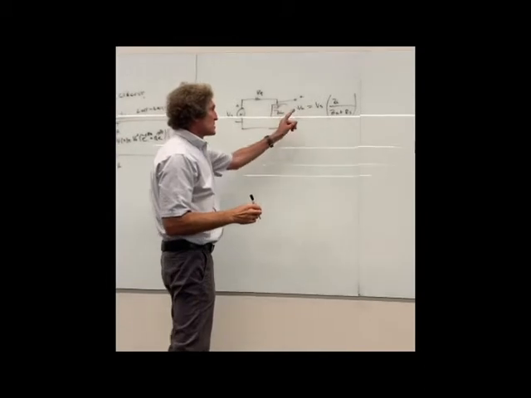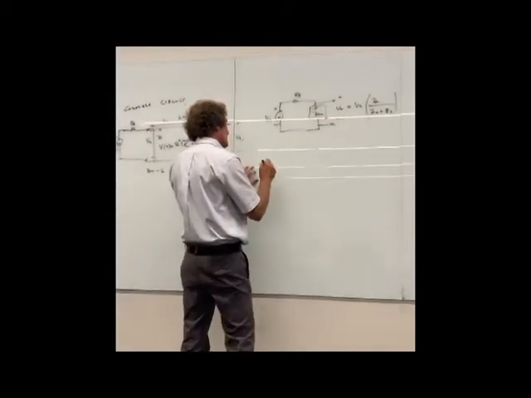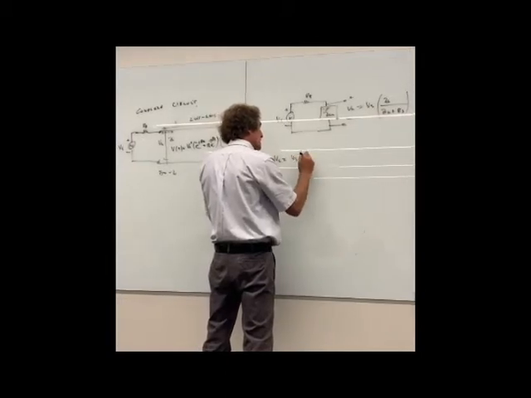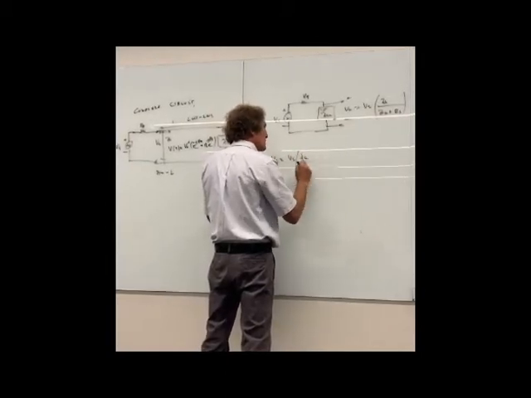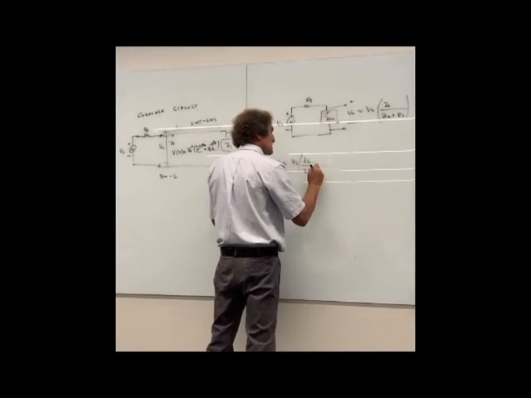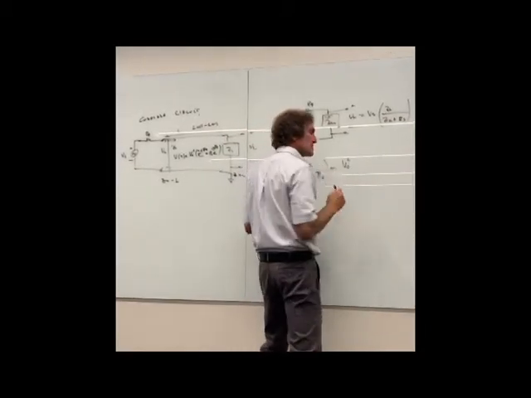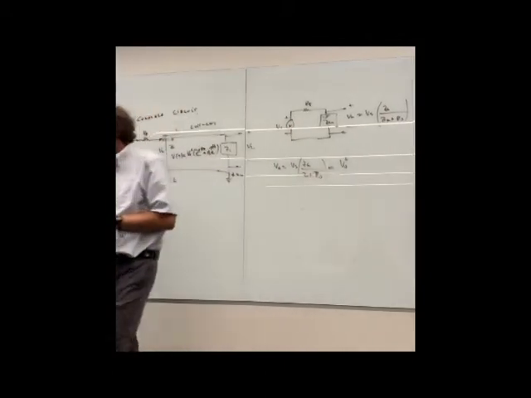So what we can do is say this input voltage here, Vn, which is equal to Vs times Zn over Zn plus Rs, is going to be equal to V0 plus. Now please watch this part.